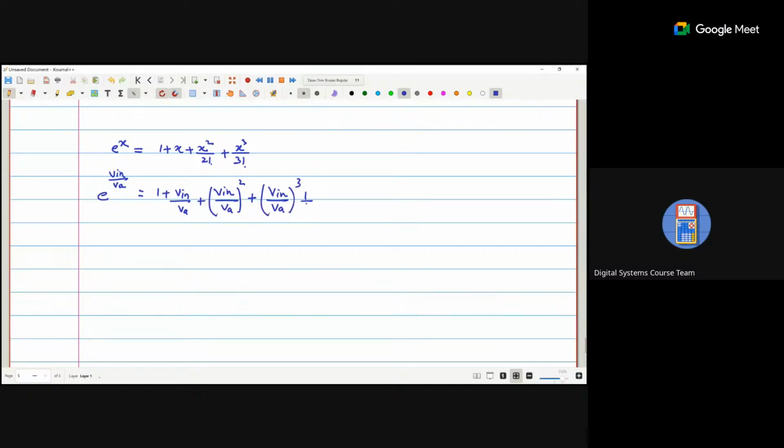Yeah, divide by 6 and divide by 2. And that particularly is also multiplied with va, and that is equal to v out.